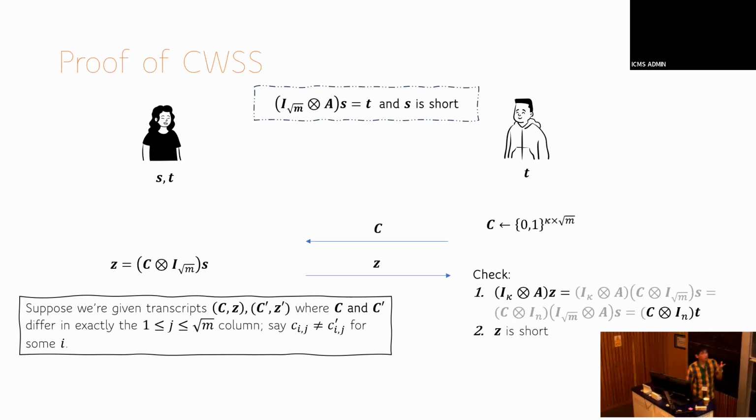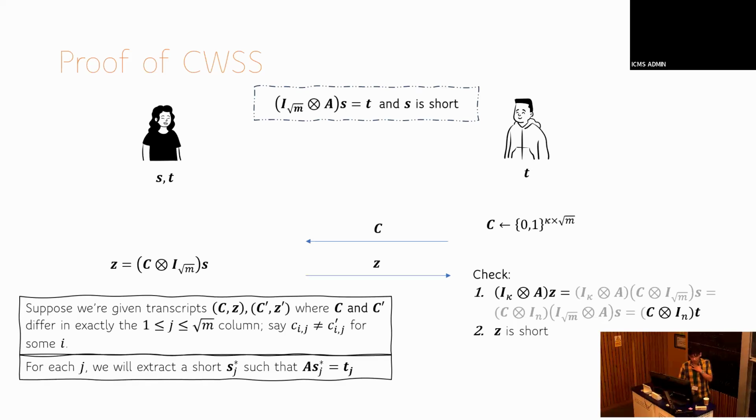Because they are different in the j-th column, right? So I can pick such an index. And then for each j, I will extract a short s_j star, such that A s_j star is equal to t_j. And by combining for each j, I can reconstruct my S. Okay. Any questions?